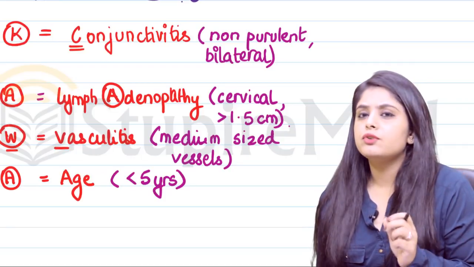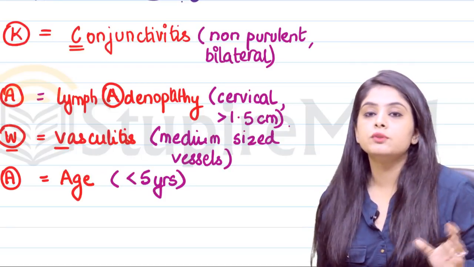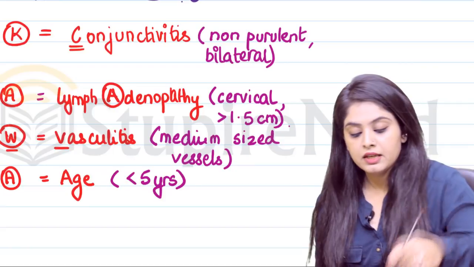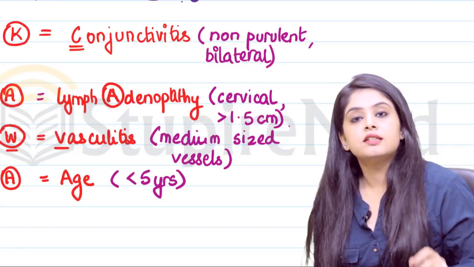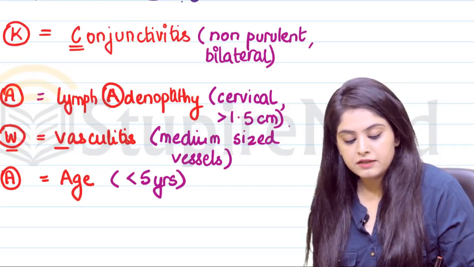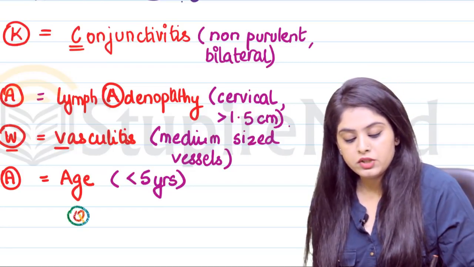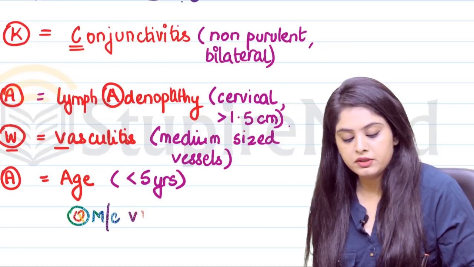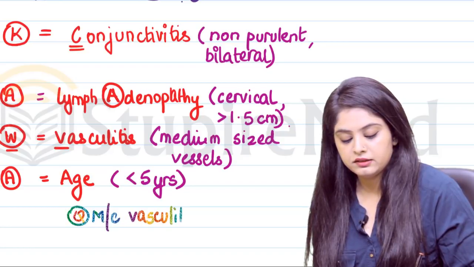Now there is one controversial and often confused question that we have over here. This, as we just discussed, is a vasculitis of the pediatric age group. But if a question comes, which is the most common vasculitis in children?